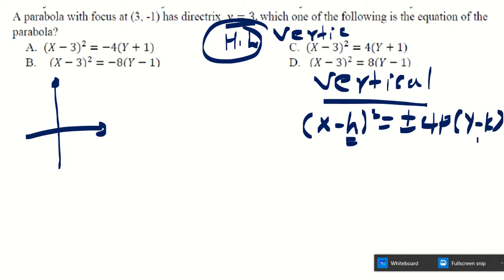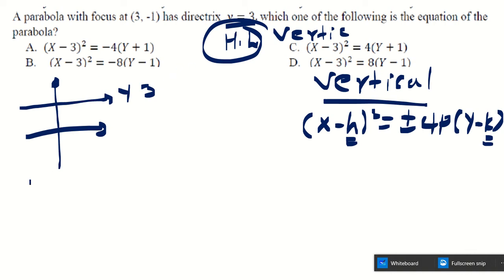The h and the k are the vertex point, and p is the focal length. Since the directrix is y equal to 3, and the focus point, as you see, is down below, that means the parabola is a downward parabola.